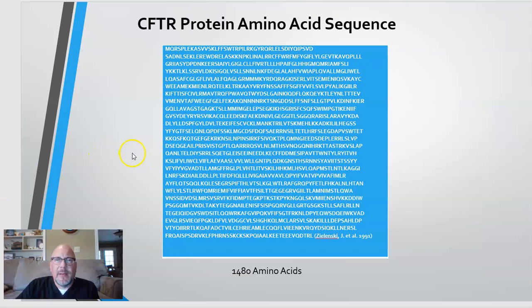Here is the amino acid sequence for this particular protein, and it's quite a long one. It's 1480 amino acids long. And the tertiary structure of it, as you saw on the previous slide, creates a channel that goes through the cell.